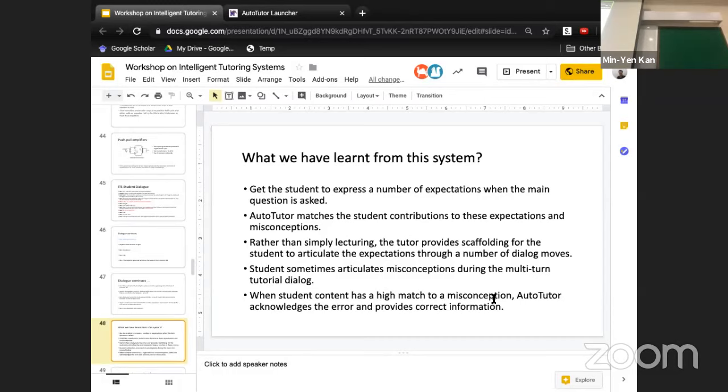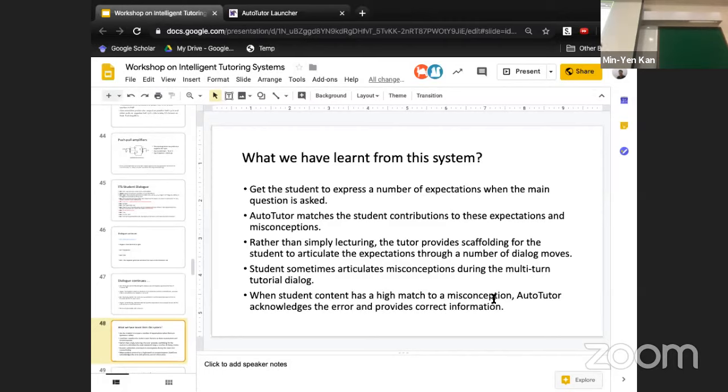This is not just about nurturing, but about providing scaffolding. When you have certain misconceptions, it provides scaffolding, encouraging you to think harder. And these misconceptions are actually good.